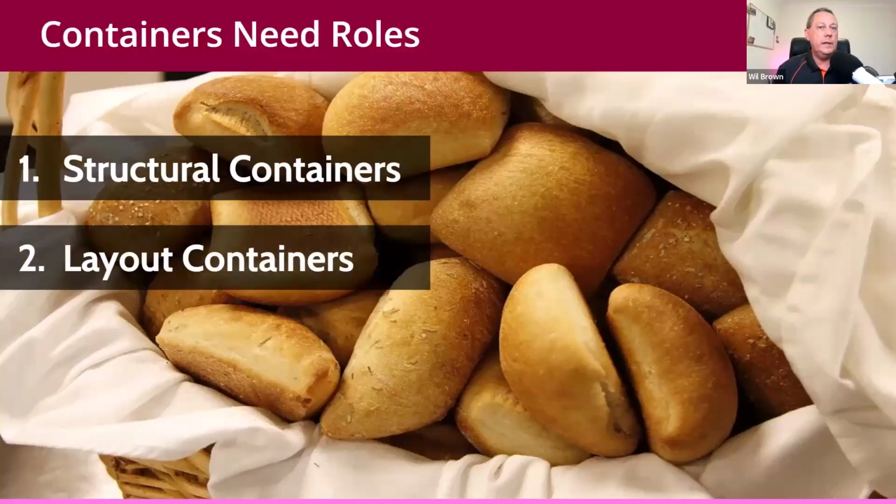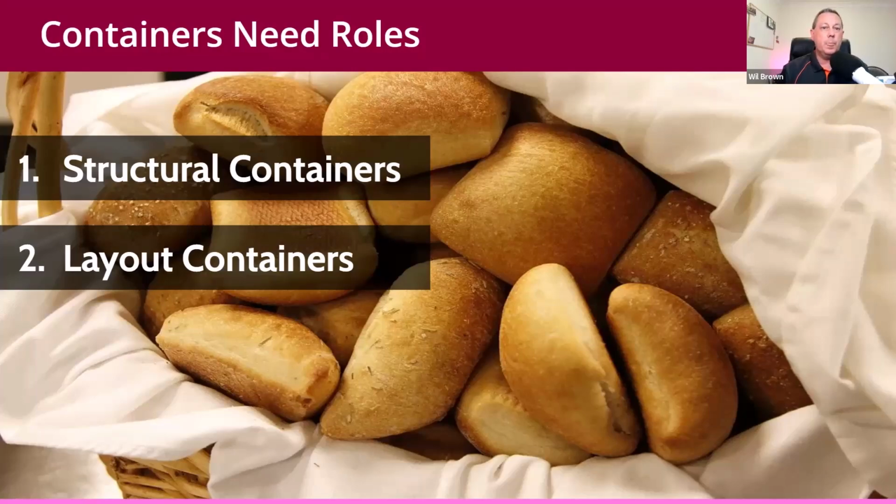The next one is layout containers. These define the direction, so the rows and the columns. They handle the distribution, so the justify and align modes. And these are the containers that manage the responsive behavior.